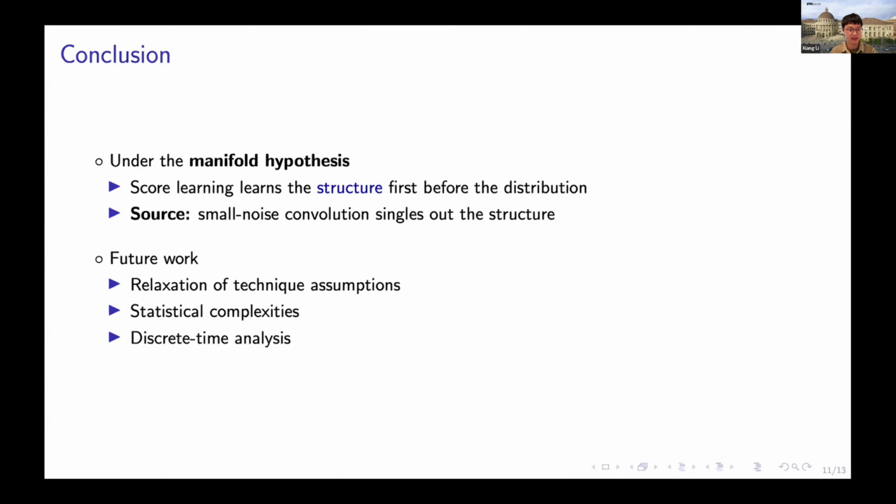There are a few limitations and future works in this work. First, the relaxation of some technical assumptions. Currently, we assume the score error to be in the L infinity norm, and a more realistic case may be the L2 norm. Also, it would be nice to consider statistical complexity, such as how many samples are required to train such an accurate score.